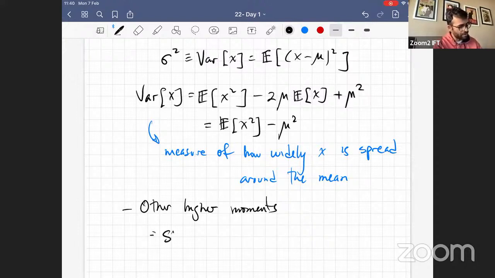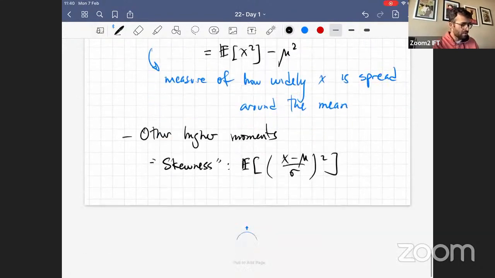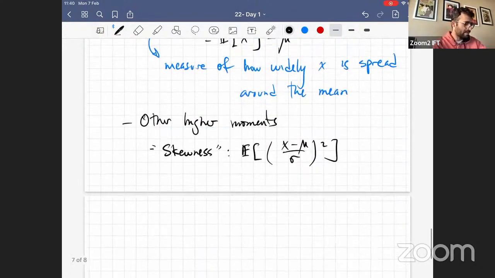One of them is the skewness, and the skewness is the expectation value of X minus mu over sigma squared. What is this telling you?